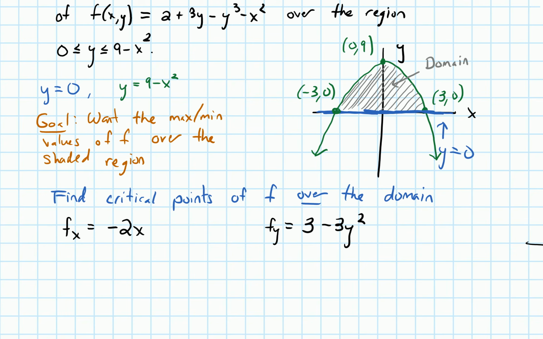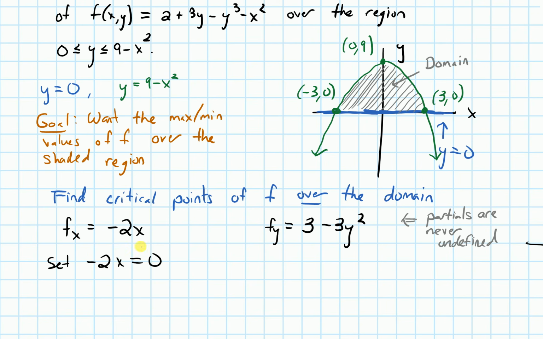Okay, so looking at these partials, it's not hard to see that they're never undefined, so we don't need to worry about that happening. Let's just set them equal to 0 now to find our critical points. So we'll set negative 2x equal to 0.